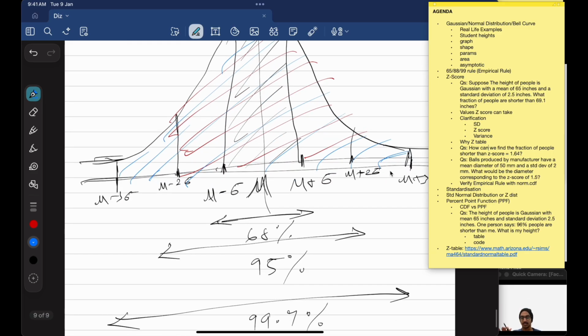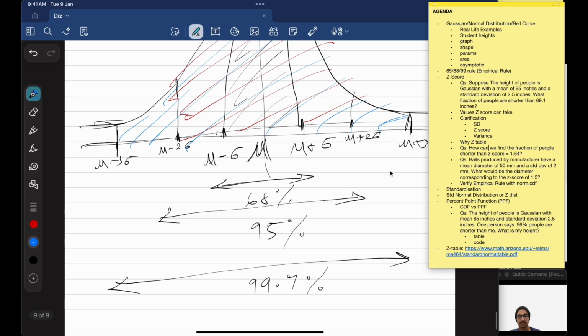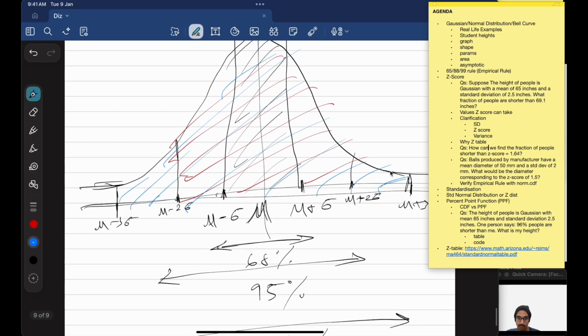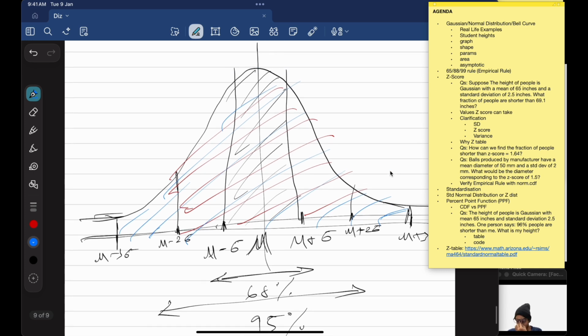So as you can see, this is just meant for approximate estimation. This tool is not meant for precise estimation. It's just to quickly look at it and get a feel for the data, right? Generally, if you have data points beyond 2 sigma, it is considered unusual.